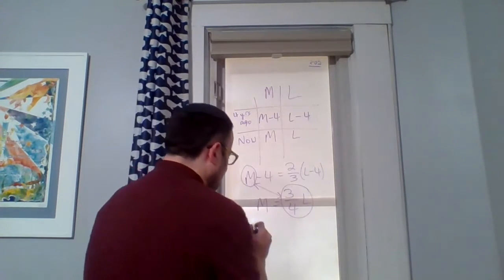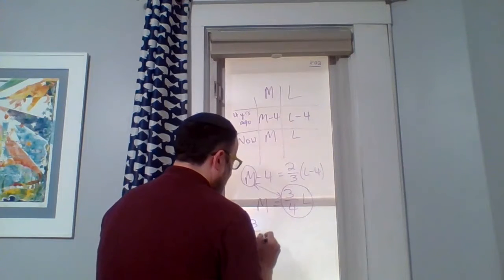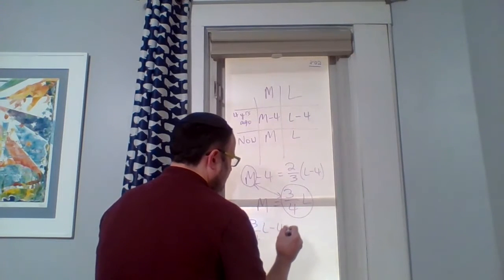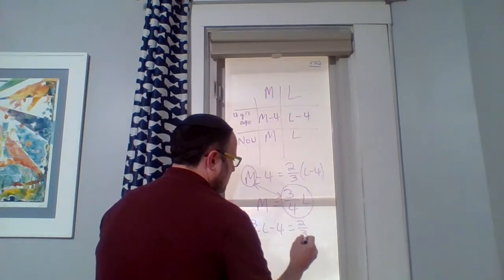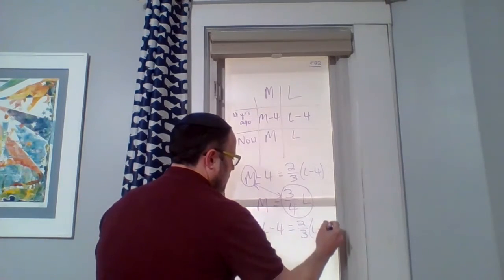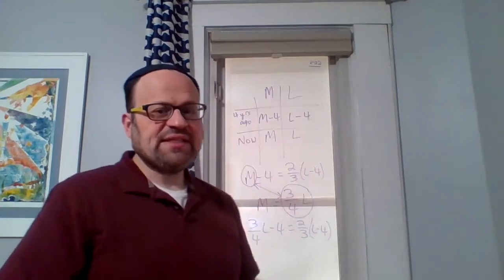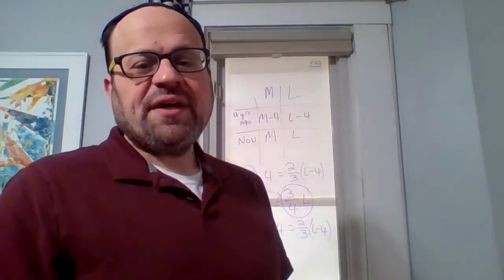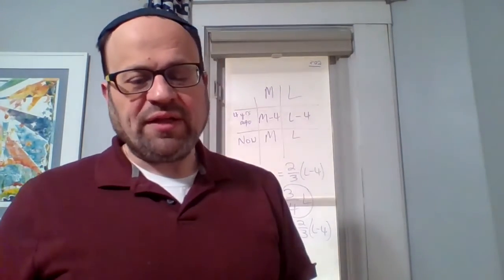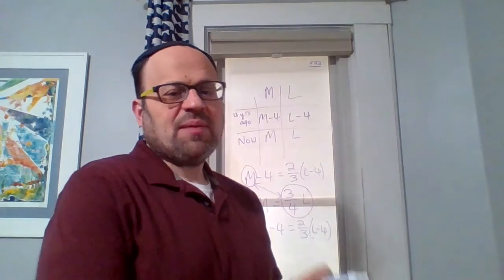Instead of M minus 4, I'm going to make it 3/4 L minus 4. Right? Just like I said in the chat yesterday, we know that a dozen equals 12, so we can swap dozen for 12.